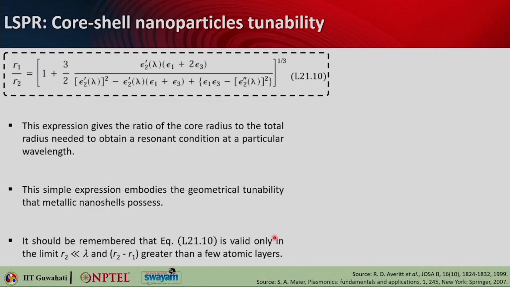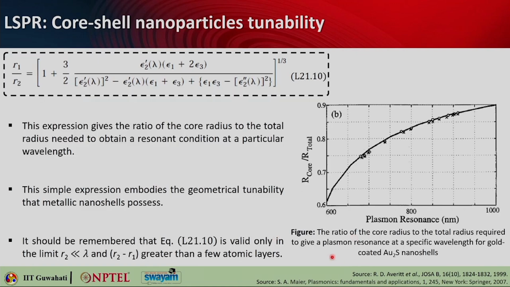So, you again take that example of gold coated Au2S nanoshells, and in that case you can see R core, which is basically R1, divided by R total, that is basically R2. So, you can change this ratio from 0.62 or something, or 0.61, to 0.9, only this much variation, and you are able to change the resonance wavelength from 600 to 1000.